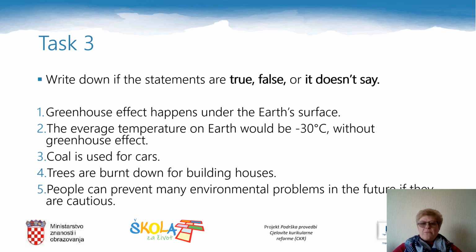The average temperature on Earth would be negative 30 degrees Celsius without greenhouse effect. 3. Coal is used for cars. 4. Trees are burnt down for building houses. 5. People can prevent many environmental problems in the future if they are cautious.